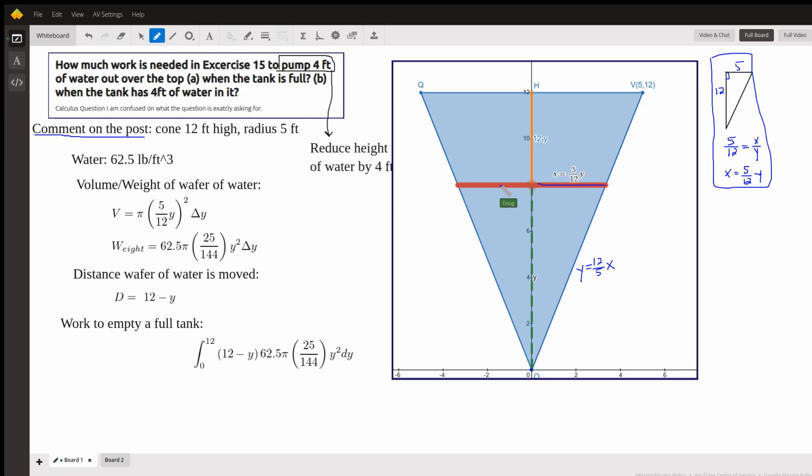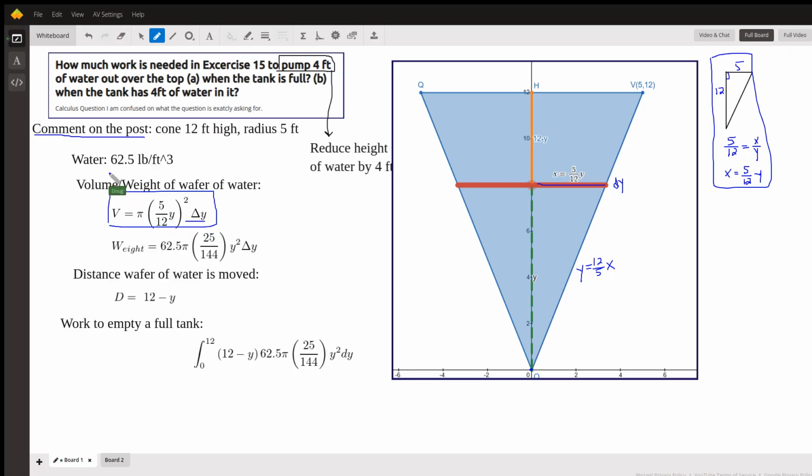And to get the volume of that wafer, we're going to use pi r squared h, where h is going to be a change in y, dy. So here's the volume for a typical wafer right there: pi r squared h, where h is delta y.